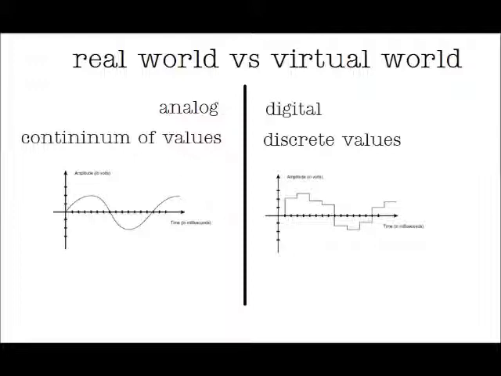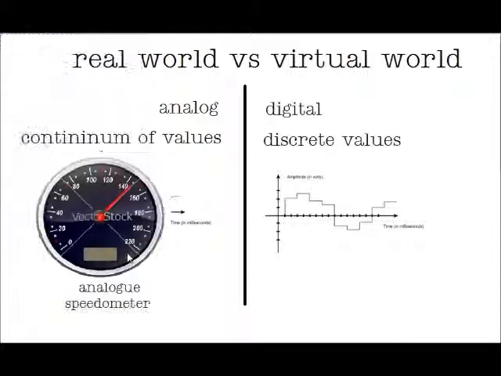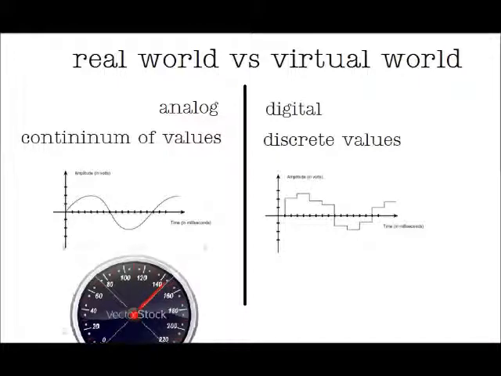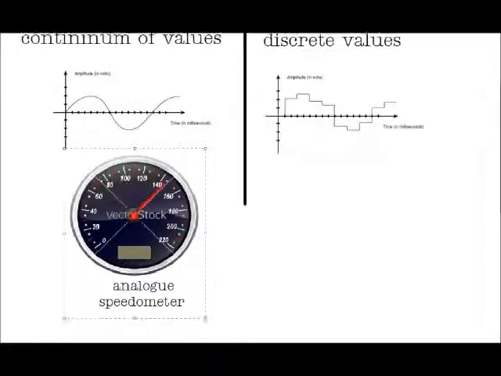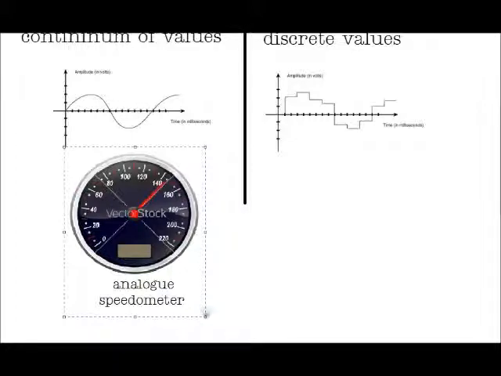Some real life examples and comparison of digital and analog. You may be familiar with the speedometer in a car. You probably have seen this in most car gauges. You have an analog speedometer.